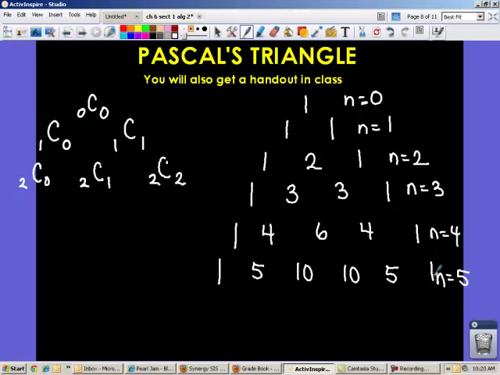So if we wanted to find an answer very quick using Pascal's triangle, let's say that we wanted to find this combination. We have 2 objects, so n equals 2, and we're looking at just taking 1.